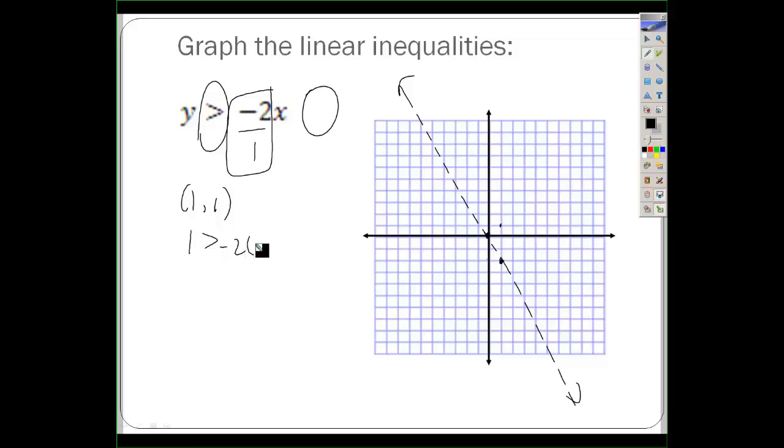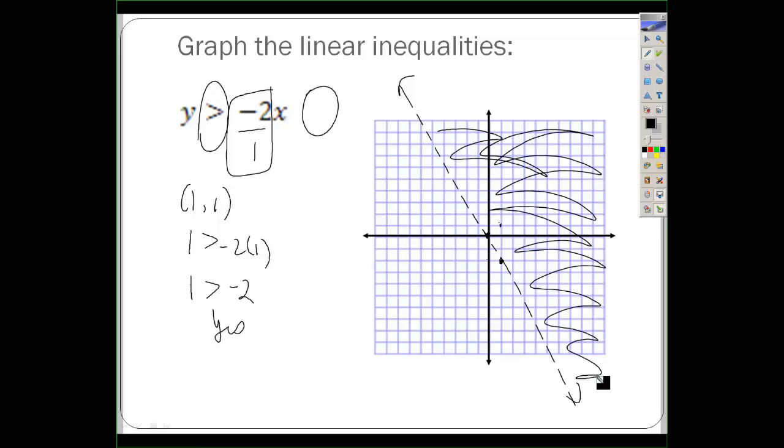Is 1 greater than -2 times 1? 1 is greater than -2. Yes, so I know my point from this side is a solution, so I'm going to shade this side. Okay, and that's the solution of that equation as a graph.